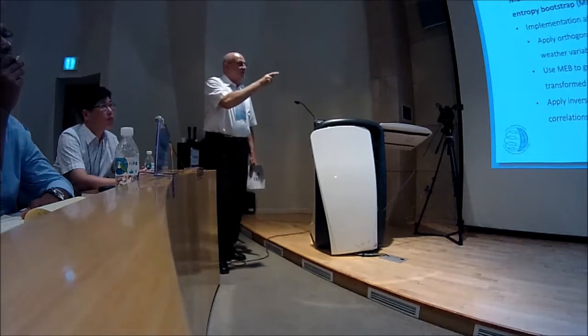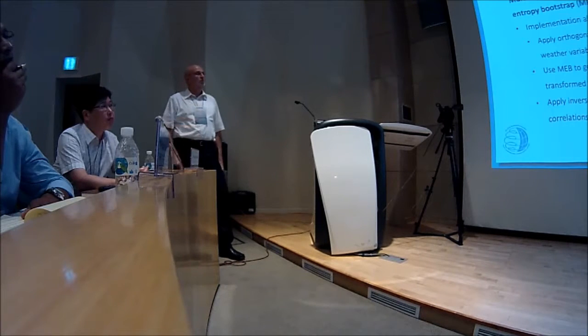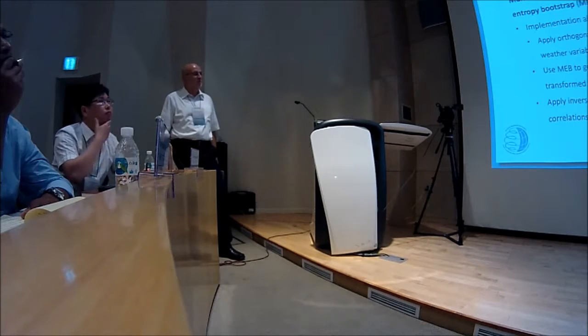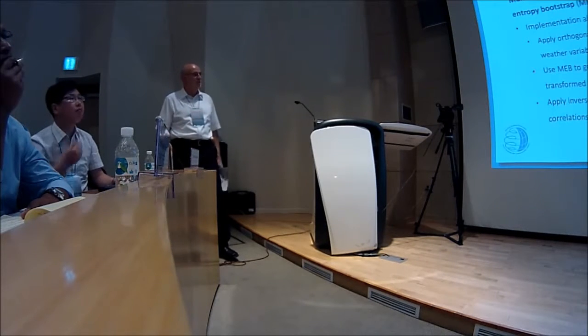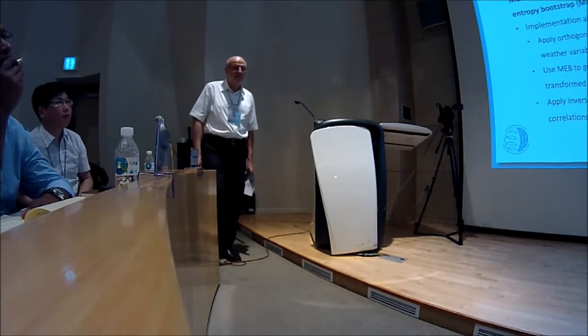The process involves three steps: application of orthogonal transformation to spatially correlated weather variables at different sites, then use of the maximum entropy bootstrap to generate synthetic replicates, and finally the inverse orthogonal transformation to restore the spatial correlation of the weather variables at different sites.